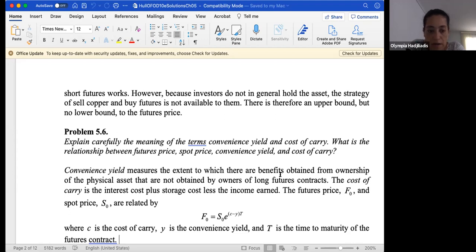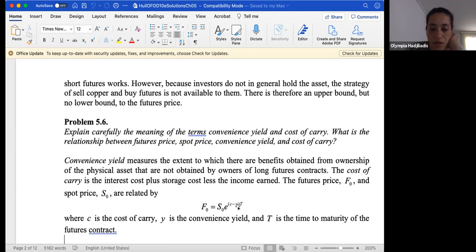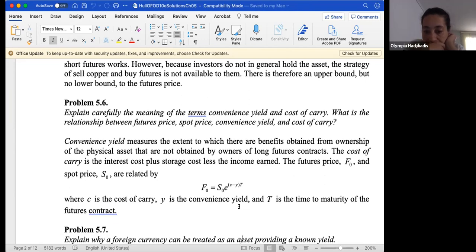The cost of carry is the interest cost plus storage costs less the income earned. The futures price F0 and spot price S0 are related by F0 equals S0 e to the (C minus Y)T, where C is the cost of carry, Y is the convenience yield, and T is the time to maturity of the futures contract.